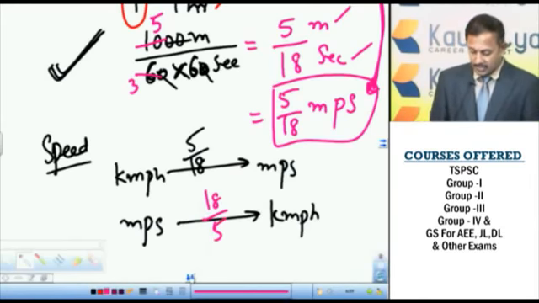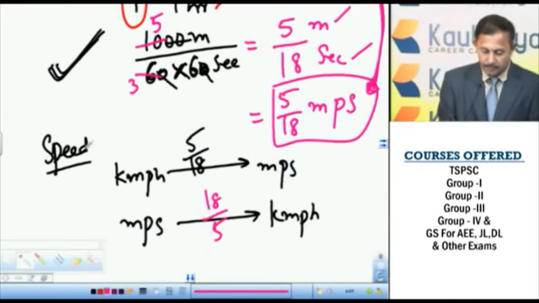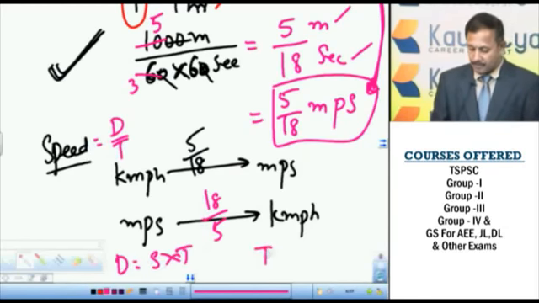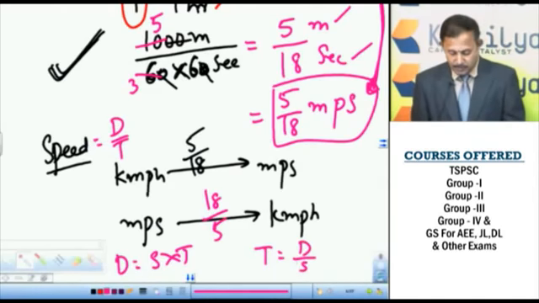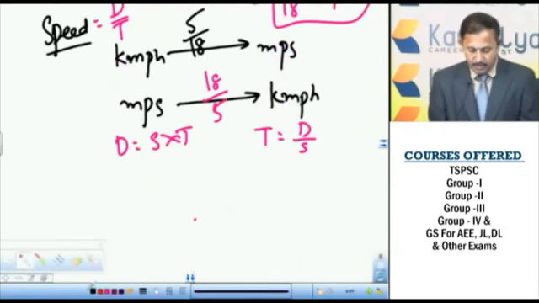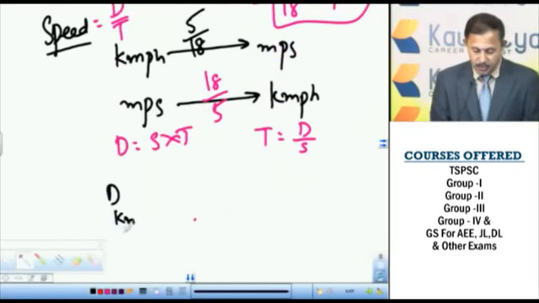Once again, let us recollect. The formula for speed is distance by time. Distance is equal to speed into time. Time period formula: distance by speed. Suppose the distance is expressed in kilometers, then you have to take the time period in hours.